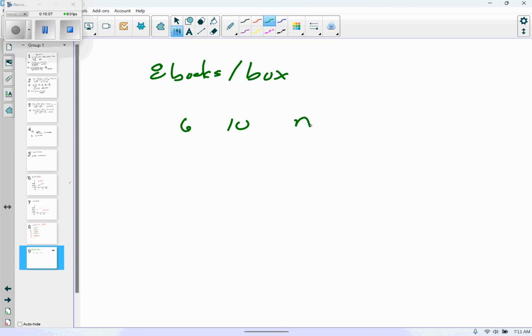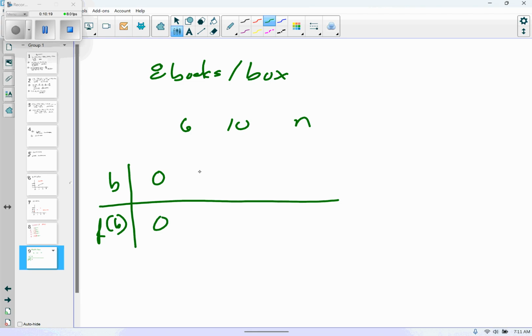Okay, so let's do our table. We're going to do B and F at B, for books. So on day 0, you get 0. On day 1, it says on average 8. So there's 8 books in a box.